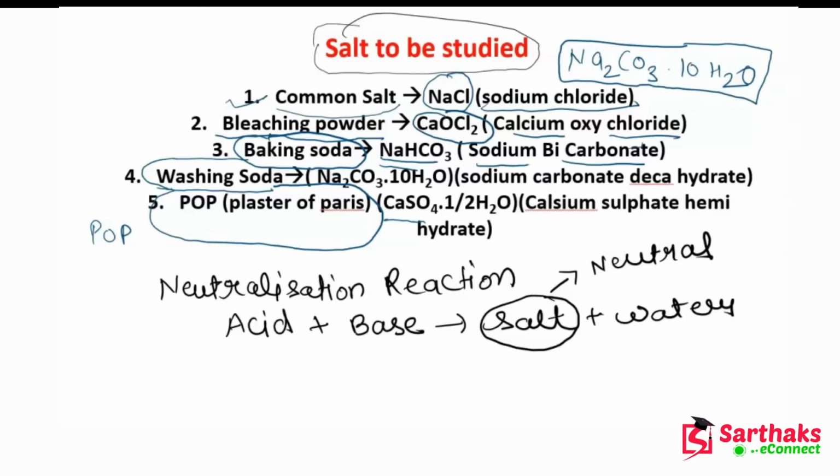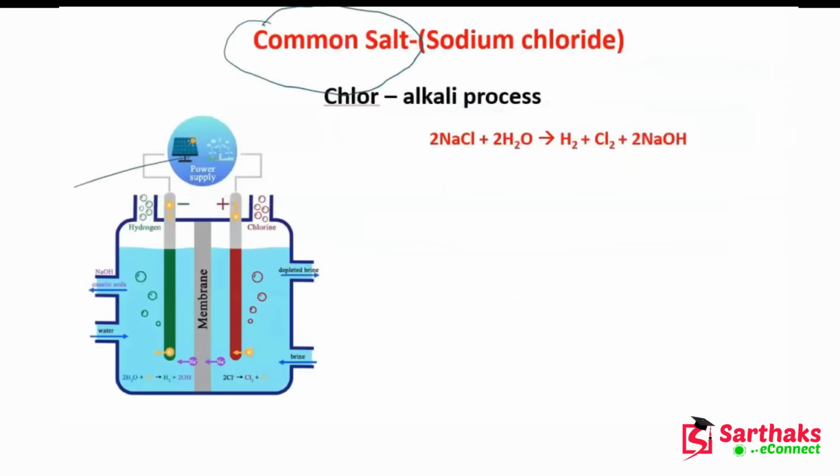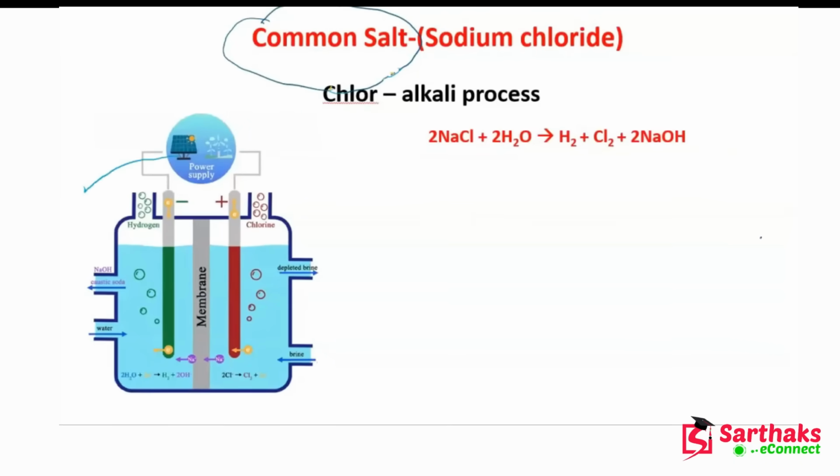First of all, we will again come to our current slide, and we will see the common salt, and we will start with sodium chloride. So students, sodium chloride is a very basic salt. We all know what a common salt is.